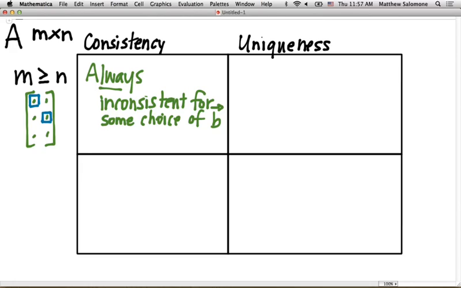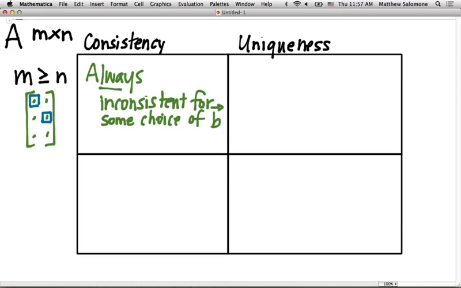Then would the solution of that system of equations be unique or not? What do the variables correspond to in a matrix again? Columns. And if I have a pivot in every column, then it is unique because I don't have any free variables. Remember, the pivot columns are the bound variables. The non-pivot columns are the free variables.